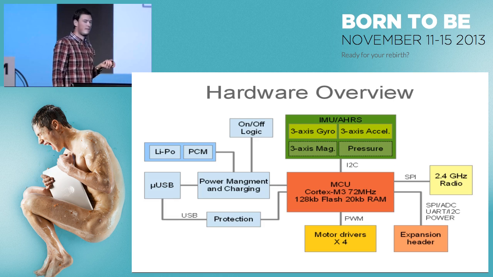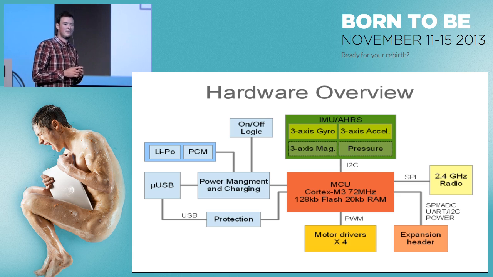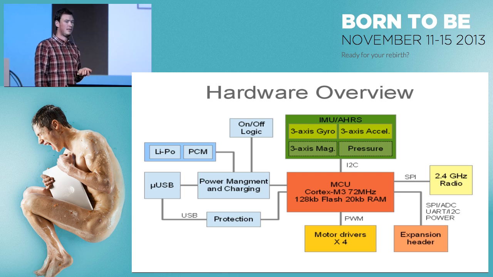And if we go down to the hardware, I know you're mainly software guys here, and girls, but it's not that complex. There's a power management circuit which handles charging of the battery and on-off, and there's a Cortex M3 CPU running at 72 megahertz, which does the stabilization and radio communication and other stuff.